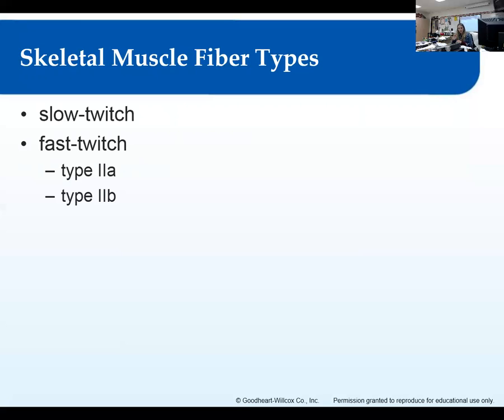But typically the faster they contract, they also fatigue faster. That's why you can't run a sprint for a whole mile, because you get fatigued much more quickly with those. It's pretty interesting. I would encourage you guys to read the little blue section on page 166.